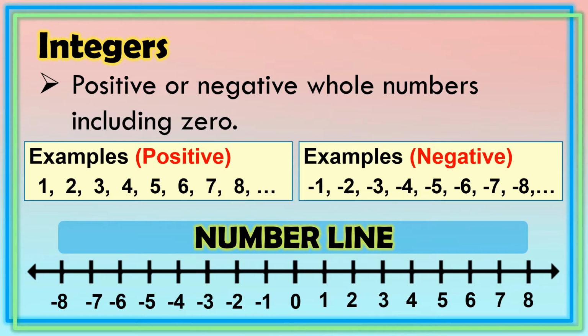Kung mapapansin ninyo, merong arrow sa magkabilang dulo ng number line. Ibig sabihin nito, ito ay magpapatuloy ng walang katapusan. Tandaan, sa number line, sa kaliwa nito ay ang mga negative numbers. Sa kanan ay ang positive numbers.